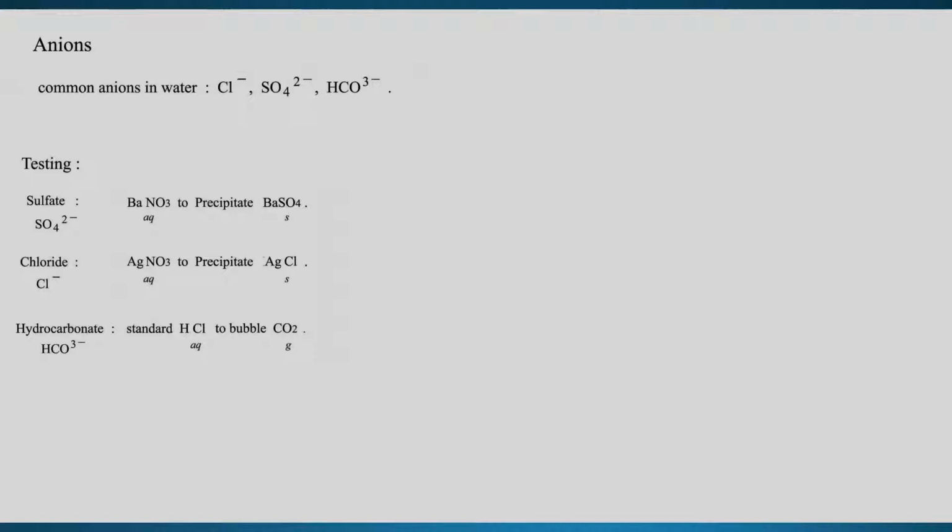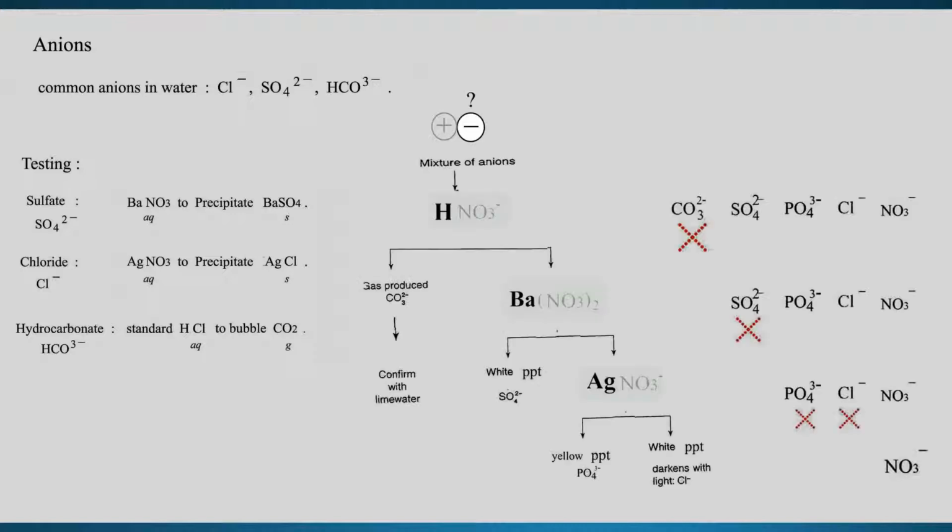For carbonate, we can use acid to see if it forms bubbles, or again use a precipitation test. Testing carbonate, what does it indicate? It indicates calcium carbonate, hard water. You can use acid and see if it bubbles.